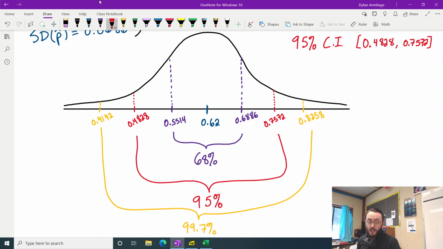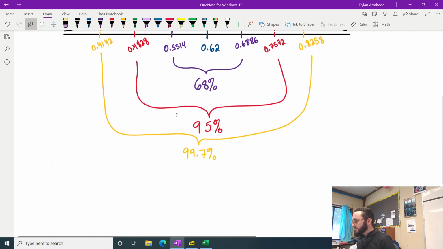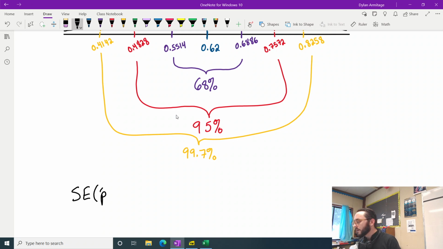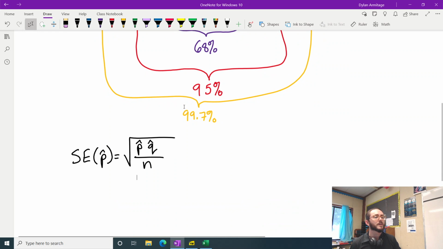Now we can generalize it and make it a little bit more flexible, however we want to calculate it. Our standard error was the same thing as the standard deviation, so the square root of p hat times q hat divided by n. And then our margin of error is simply how far away from that center value we want to be.